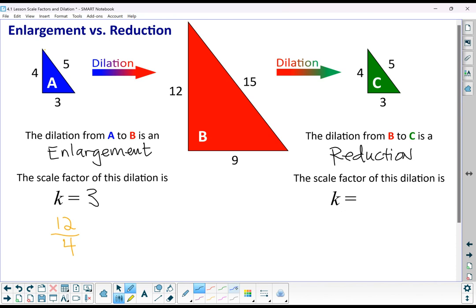So the scale factor for this, if we think about our new shape, shape C, it has a height of 4, and we want to divide it by the original, and that has a height of 12. So 4 divided by 12 is the same as 1/3. For scale factors, it's probably a good idea to keep it in fraction form. We don't really want to have a decimal form like this. We'd much rather have fraction form.